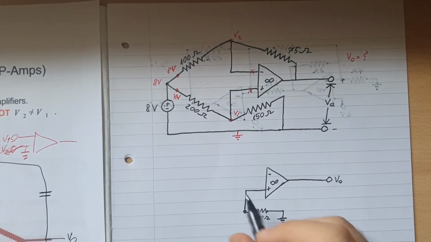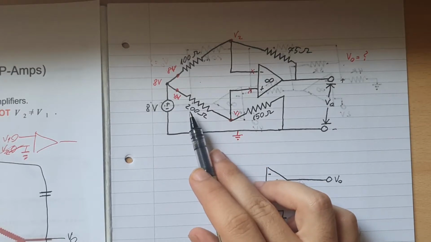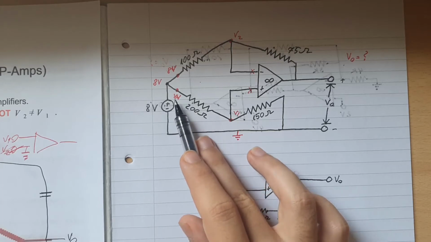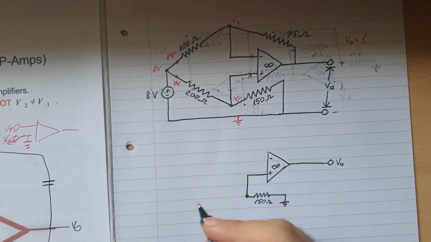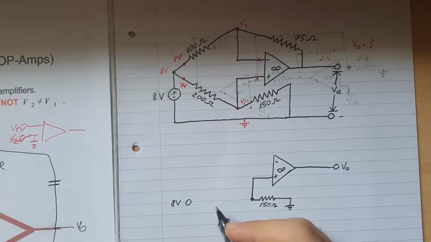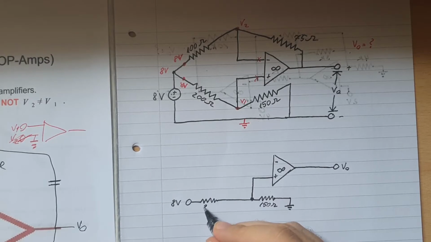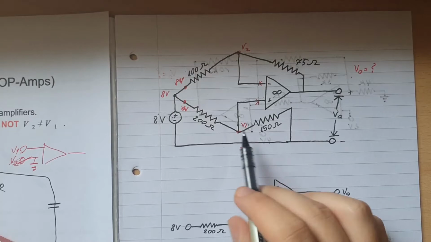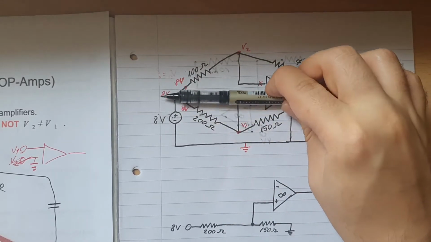The other half is connected to 200 ohms, and also 8 volts is coming through it. So we can draw a circle and put 8 volts as the source, 200 ohms going through it, and it's connected here at the junction. Okay, so we already simplified the first half.